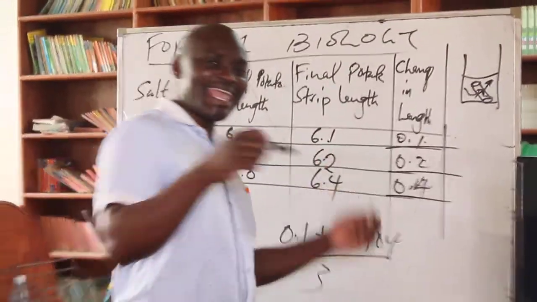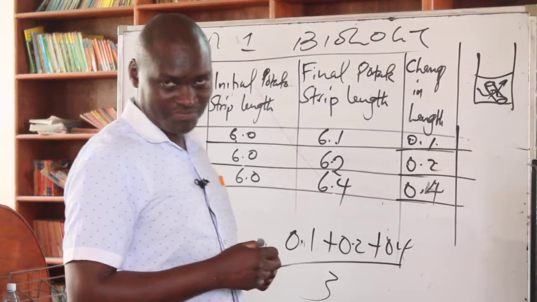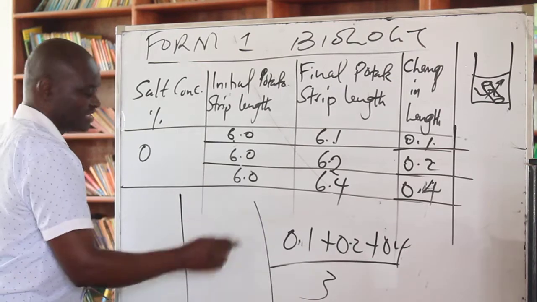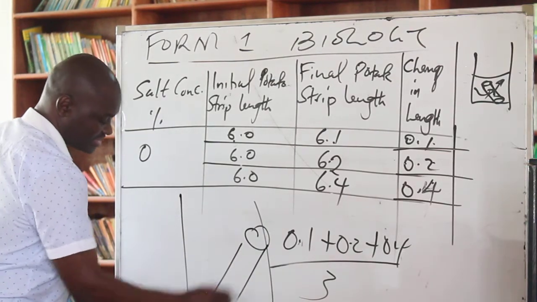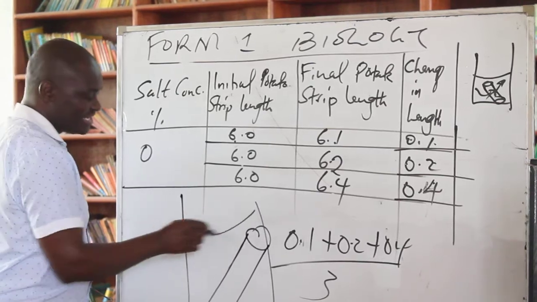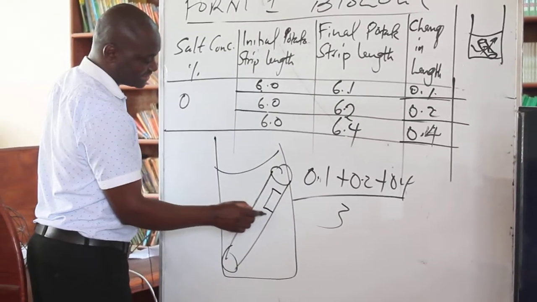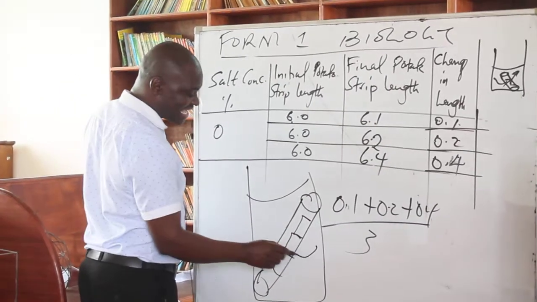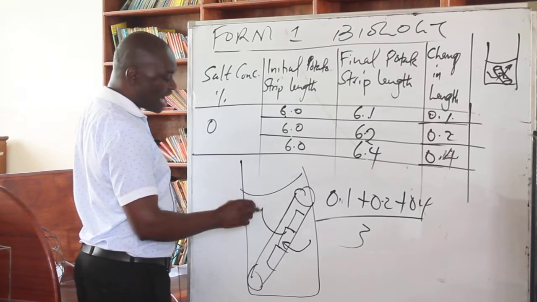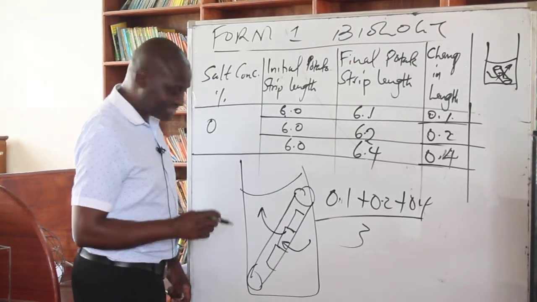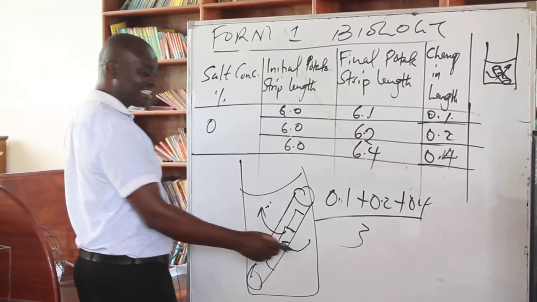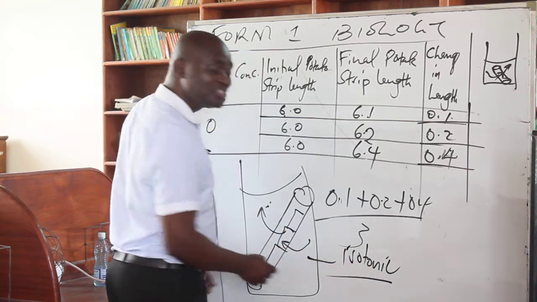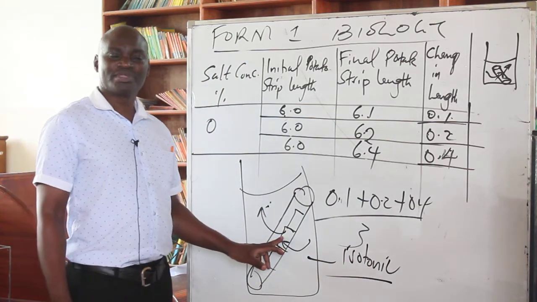This potato strip is made up of potato cells. If the amount of water getting in is the same as the amount coming out of the cells, then this solution is isotonic to the potato cells.